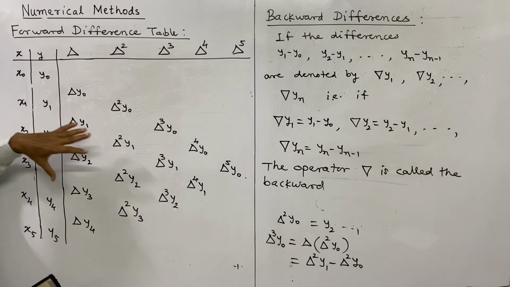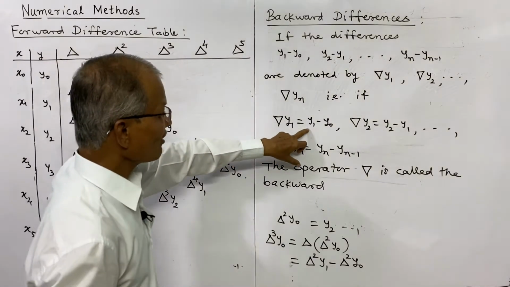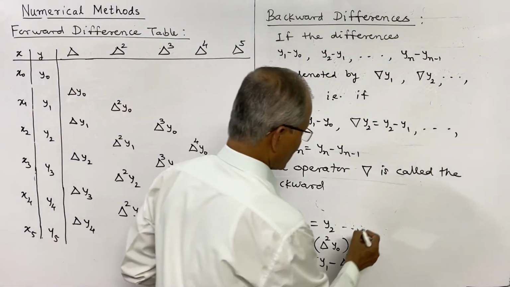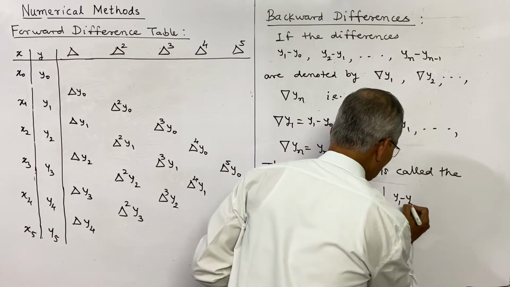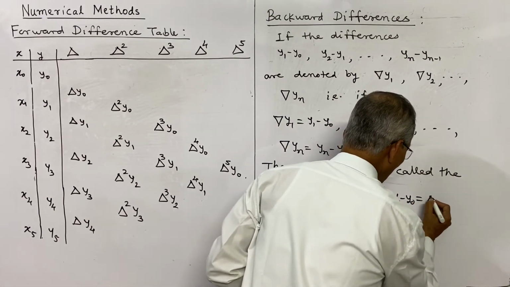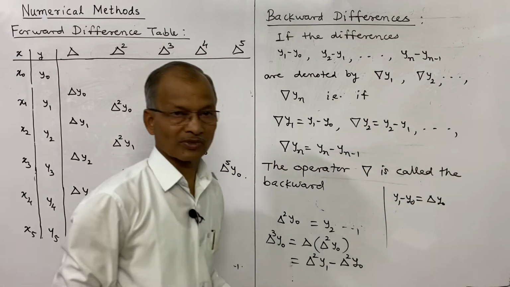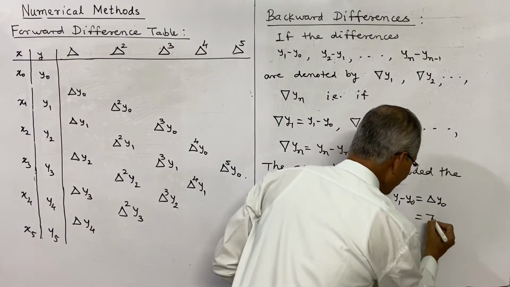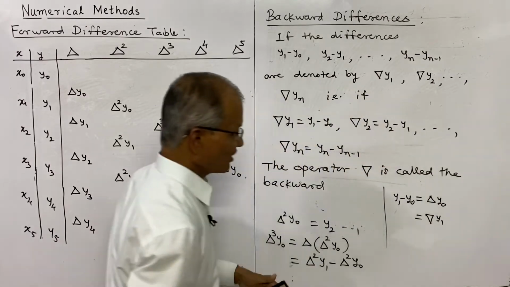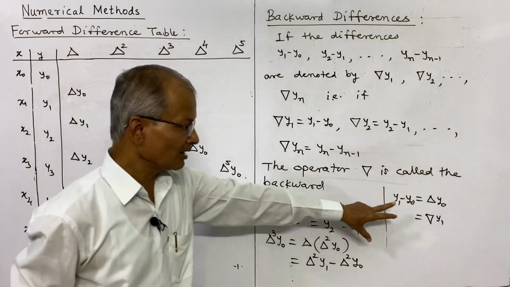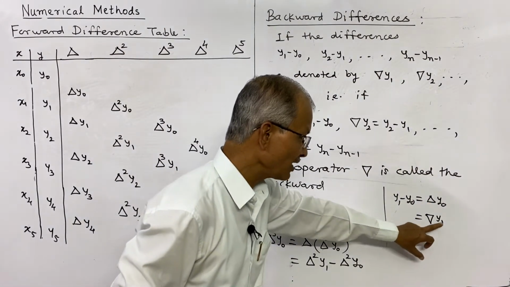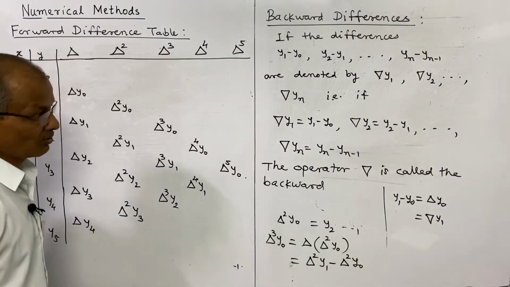So only the symbol is different. So y1 minus y0 is the forward difference at y0, this is delta y0, but the same value is the backward difference at y1. So this is to be remembered. The value of the difference is the same, but it is the forward difference at y0 and the backward difference at y1. That is to be noted.